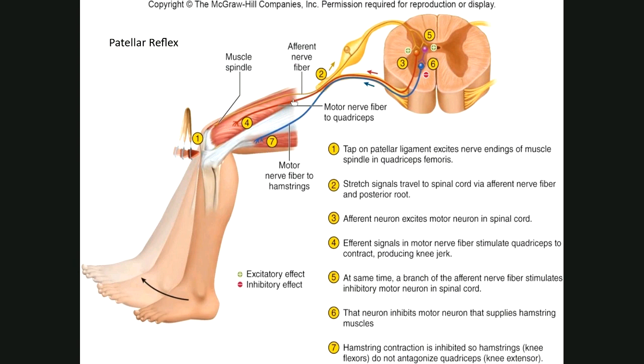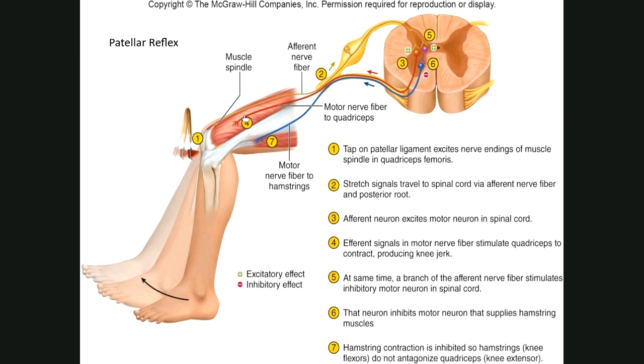It sends the information by the sensory neuron to the dorsal horn of the spinal cord. And in the monosynaptic reflex, you can see number 3 starts here. Number 3, this red line, shows the motor neuron which comes back again to the quadriceps femoris. The quadriceps femoris contracts, and you get the knee-jerk reflex.